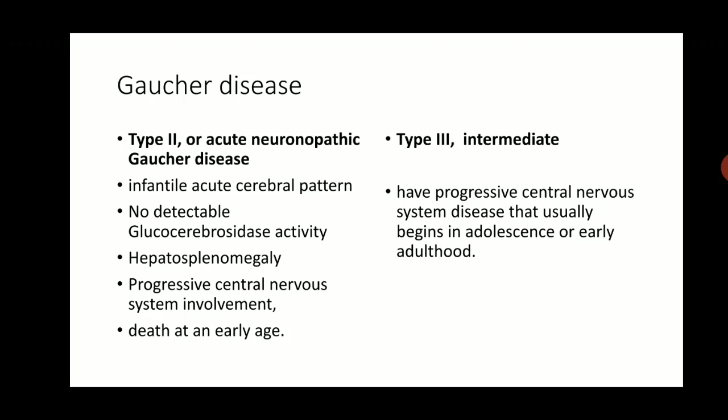And you might have realized from this discussion that whether it's Tay-Sachs disease or Niemann-Pick disease or Gaucher's disease, the common thing between all these is that they are lysosomal storage disorders. There is a defect in some enzyme which leads to accumulation of substrate within the lysosomes. Hence, the cells which contain most amount of lysosomes, that is the neurons and the reticuloendothelial system, are affected.